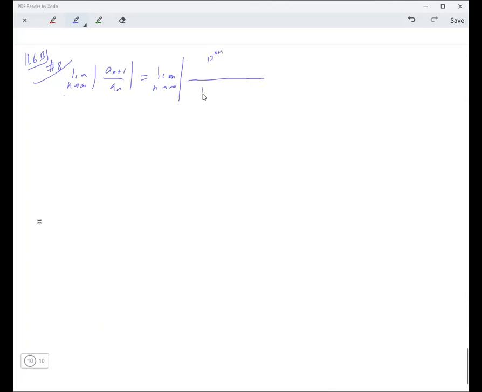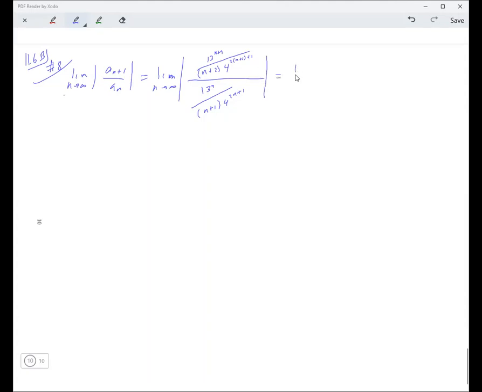So I'll put the a_n first: 13 to the n over n plus 1 and 4 to the 2n plus 1. So if I add 1, I get that. If I add 1 to this, I get n plus 2. If I add 1 to this, I get 4 to the, we'll just write it like that, n plus 1 plus 1.